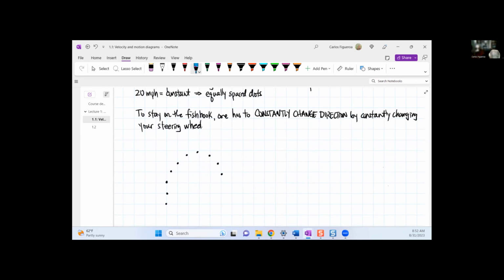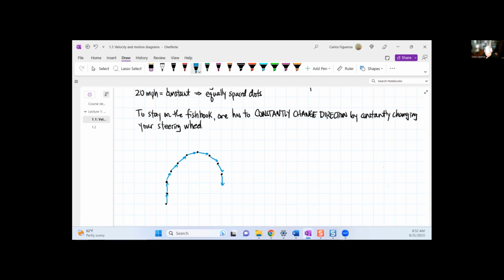So my arrows are all fixed, but you're seeing here that they look something like this.